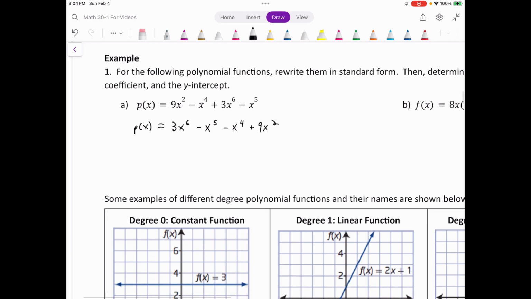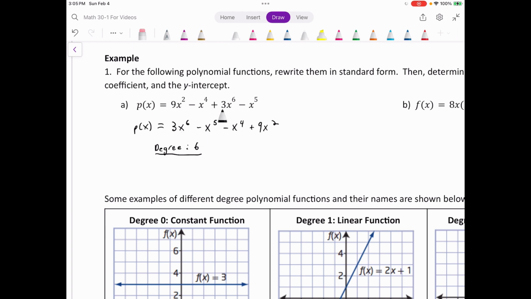So what is the degree of this? We could have picked it out even without writing it in standard form, but our degree is going to be 6. Degree 6. We could call this a 6th degree polynomial function. That's sometimes how we word it. Okay. What's our leading coefficient now, right? The leading coefficient is going to be 3.